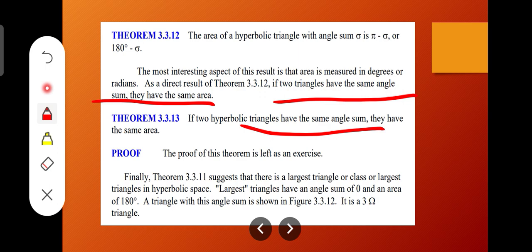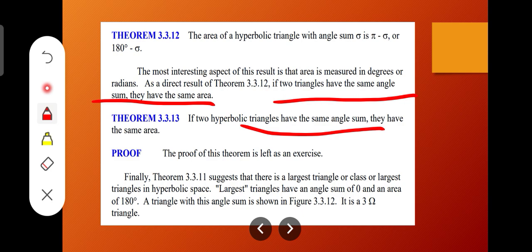So, finally, theorem 3.3.11 suggests that there is a largest triangle or class of largest triangles in hyperbolic space. Largest triangles have an angle sum of 0 and an area of 180 degrees. A triangle with this angle sum is shown in figure 3.12 and has been shown here earlier. This is what we call the 3-ohm triangle.